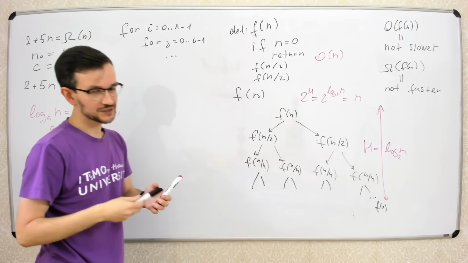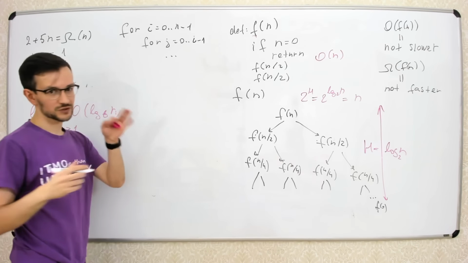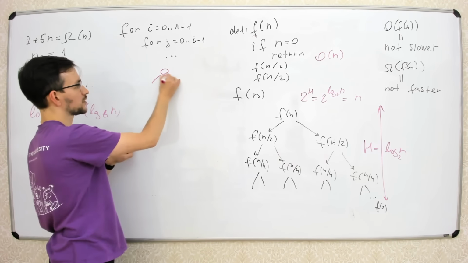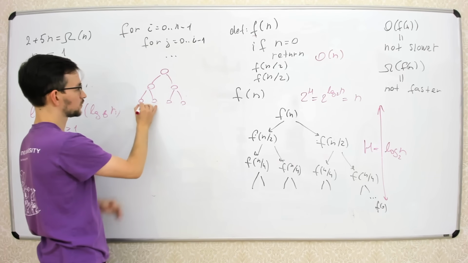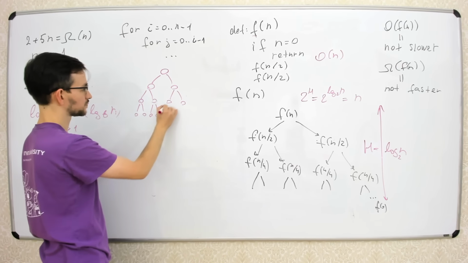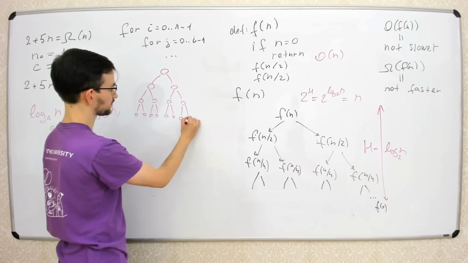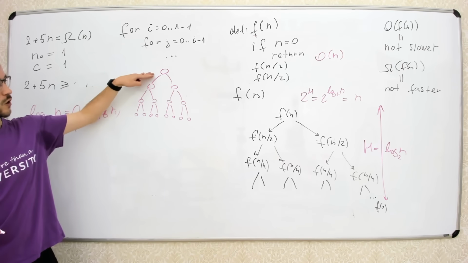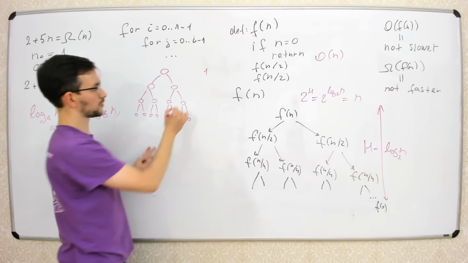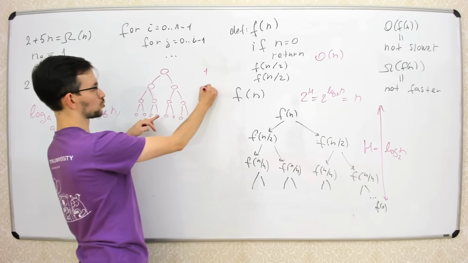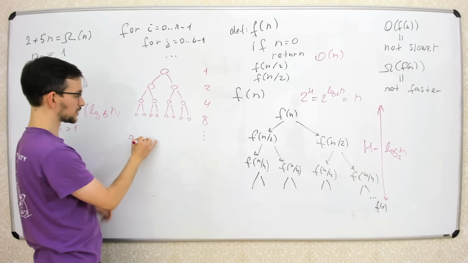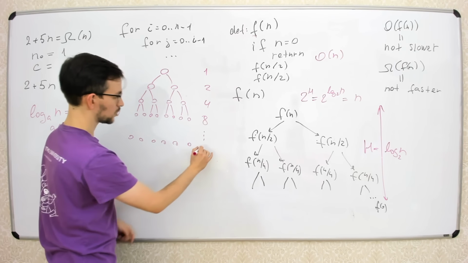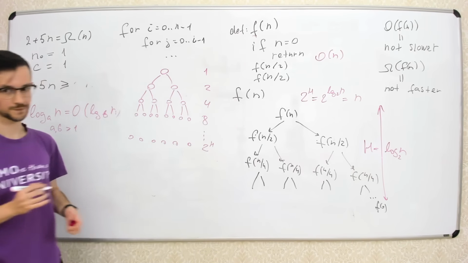So, let's see. If you have a tree, so we have some first layer, second layer, third layer, and so on. On the first layer you have one node. On the second layer you have two nodes. You have 4 nodes here, 8 nodes here, and so on. So in the last level, you will have 2 power h nodes.